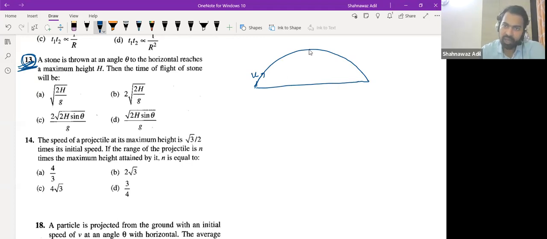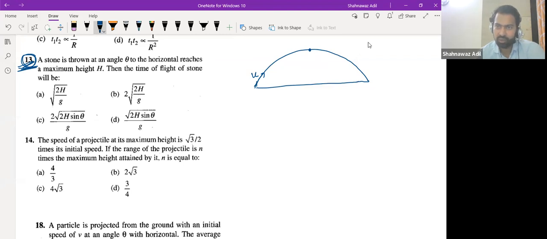So at maximum height, what is the magnitude of the velocity? This we did just a moment ago. The u sine theta part will be 0.